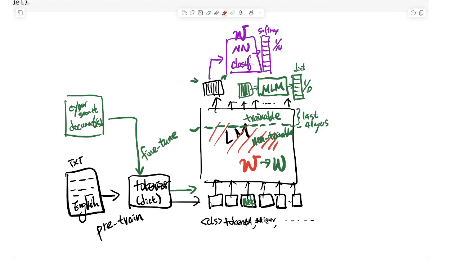But usually in practice we use the first output, which corresponds to the CLS input. We use this specific output as the representation of the entire input sentence. So that is the black one. We talked about the black one before.